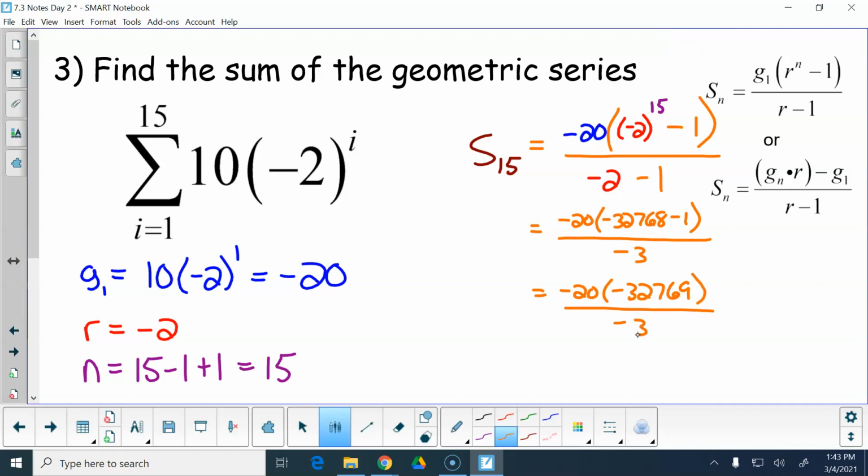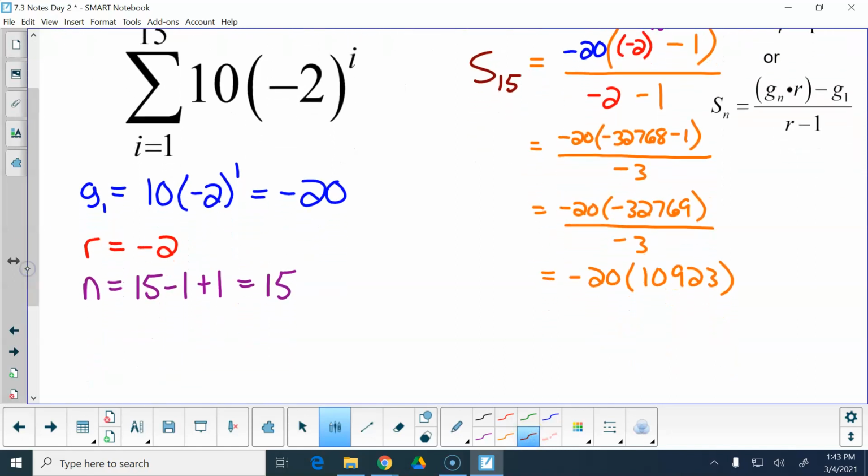Which is negative 20 times 10,923, which gives me the sum of the first 15 terms is negative 218,460.